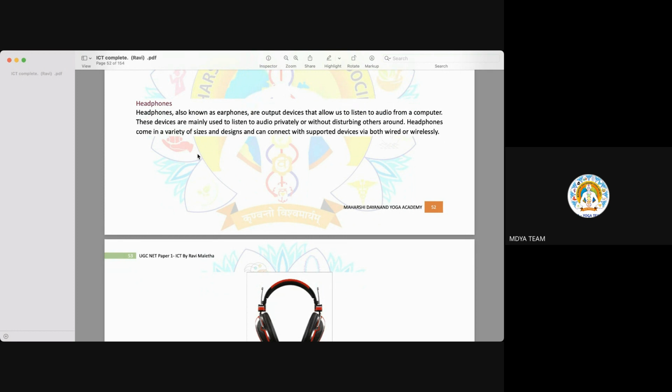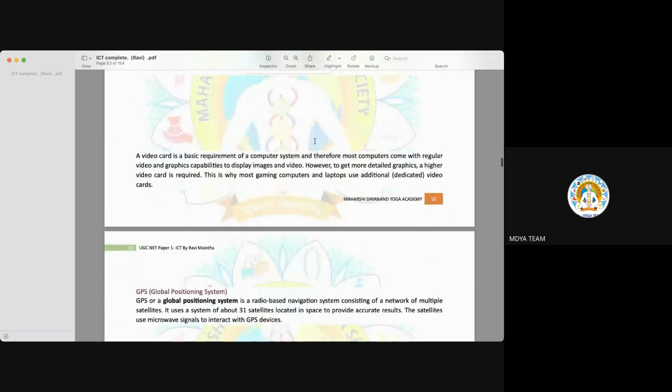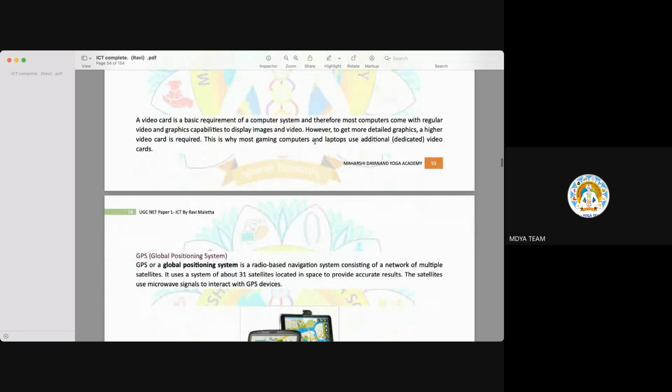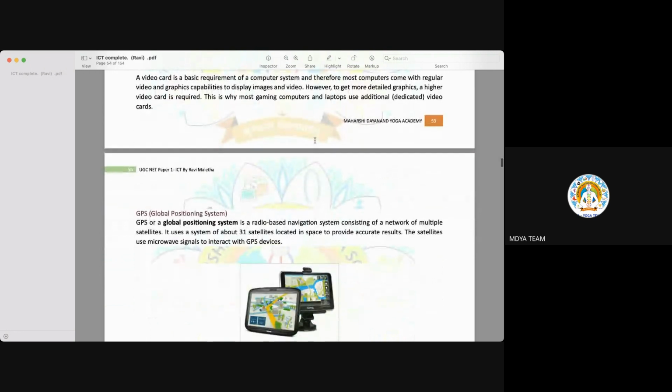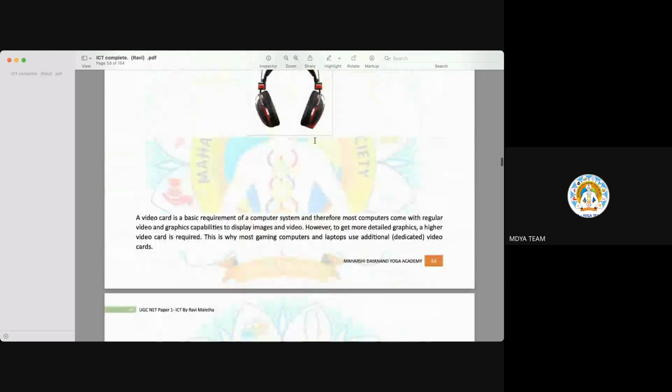So these are of a variety of sizes and designs, but they are again an output device which can be connected to support devices via both wired or wireless. Both types are coming nowadays. Now, to access and listen to audio, a sound card is a basic requirement of a computer system.